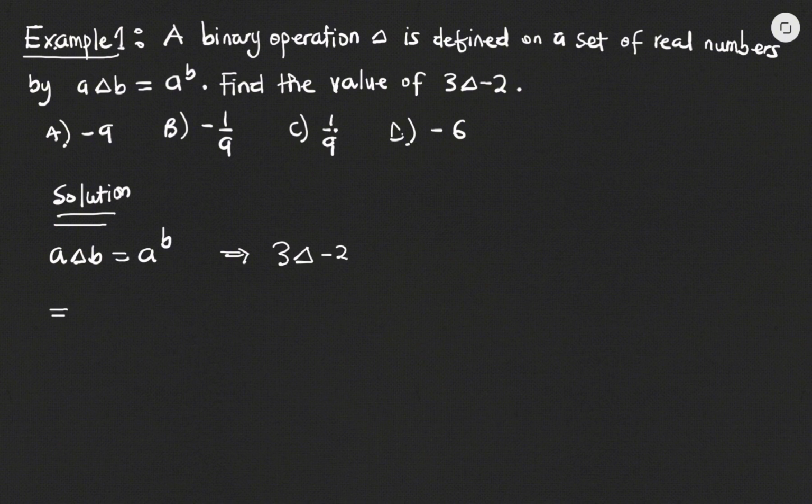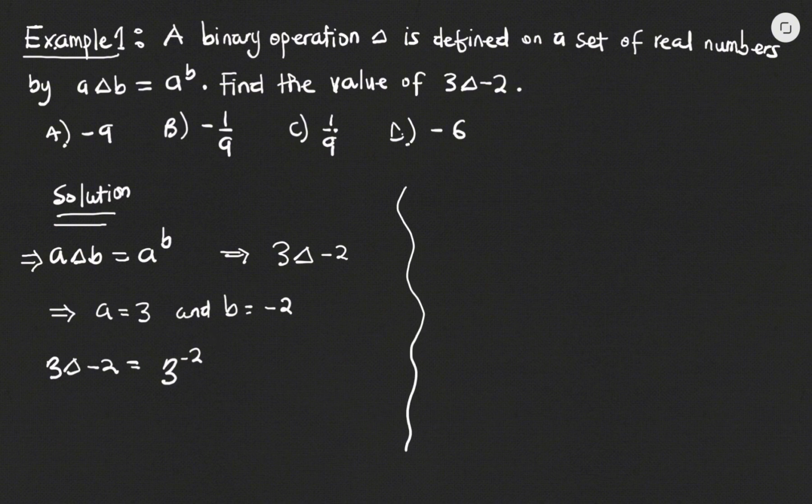This tells me that my A is equal to 3 and my B is equal to negative 2. So therefore, my 3 operation negative 2 will be equal to, writing this in the form of the general operation given to us at the top over here, I'll write my 3 first and then put negative 2 on top of that.